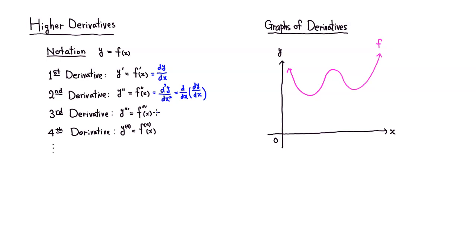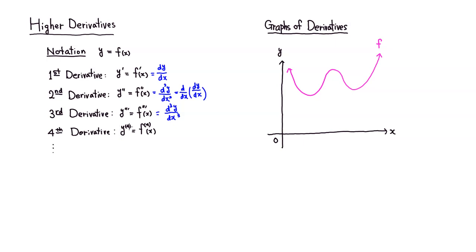And you can easily guess what the third derivative is: d cubed y over dx cubed. The fourth derivative is a little bit tricky because if you keep putting primes, it's going to be very difficult to read, especially beyond 3. Triple prime is fine, but once you get to the fourth derivative, we typically do not put the full primes.